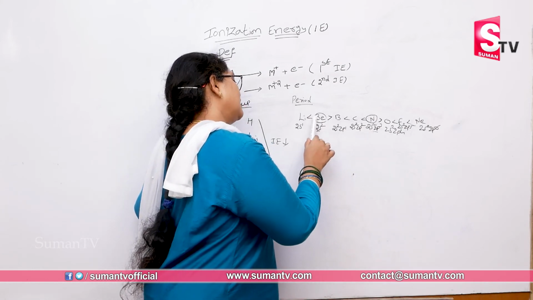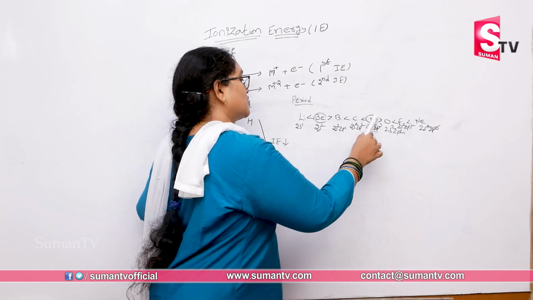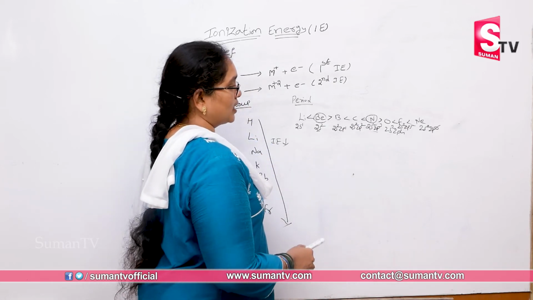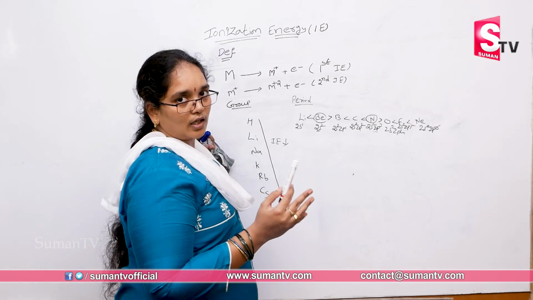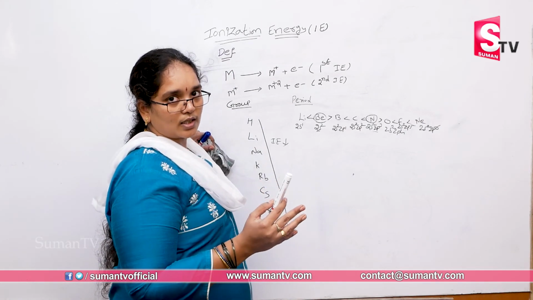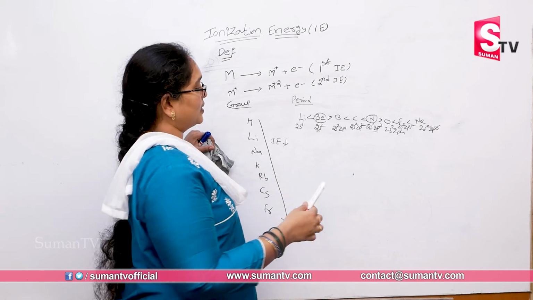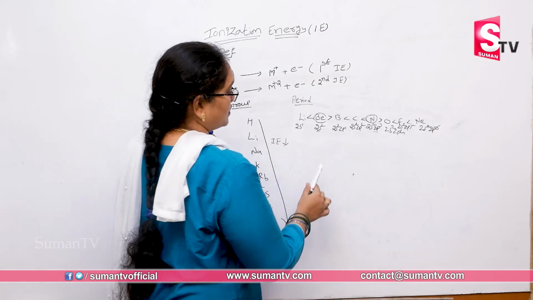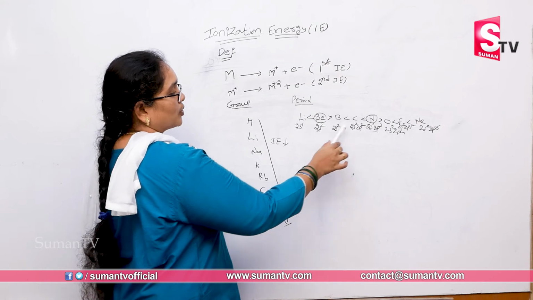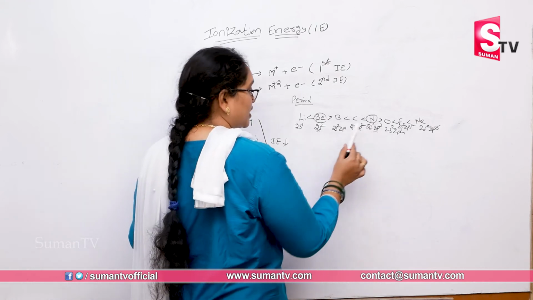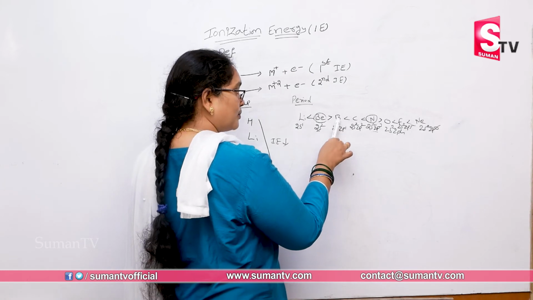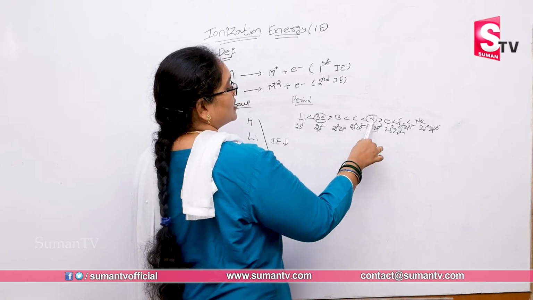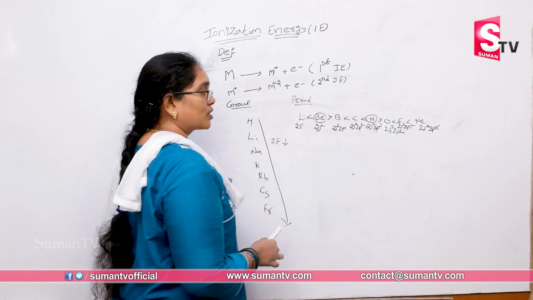Beryllium has completely filled s orbitals and nitrogen has half-filled p orbitals. Any atom or ion having half-filled or completely filled atomic orbitals has extra stability. Due to this extra stability, it is difficult to remove electrons from beryllium and nitrogen. So beryllium has a little more ionization energy than boron, and nitrogen has more ionization energy than oxygen.